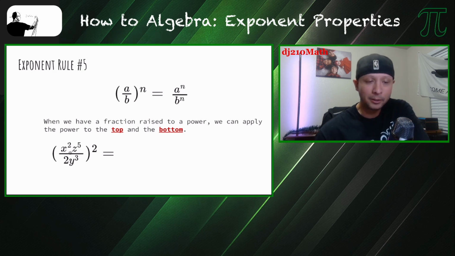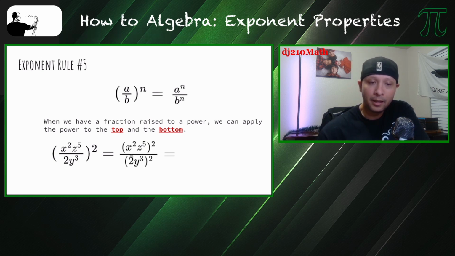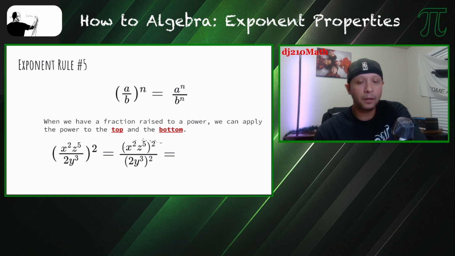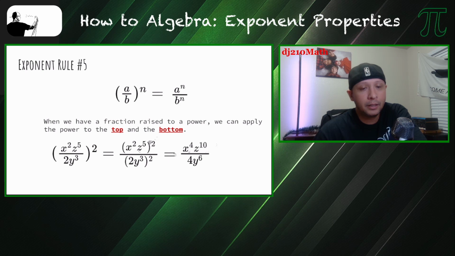So I'm going to apply the square to the numerator and the denominator, top and bottom. And then here we can apply the rule again by multiplying the exponents. So on top, we have x to the 4th, z to the 10th. In the bottom, 2 squared is going to be 4, and 3 times 2 is 6. So y to the 6.